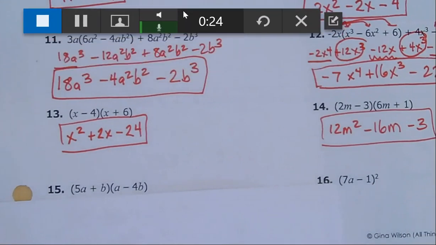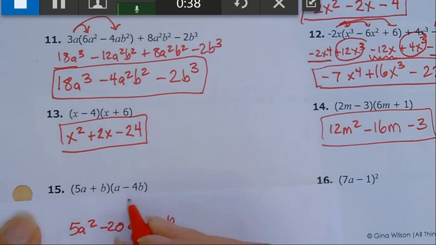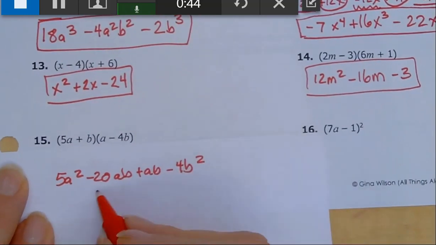So, okay, let's just do FOIL. I'm going to say, first, 5a times a is 5a squared. Outer is negative 20ab. Inner is ab. And last is negative 4b squared. And we're going to combine like terms right here.